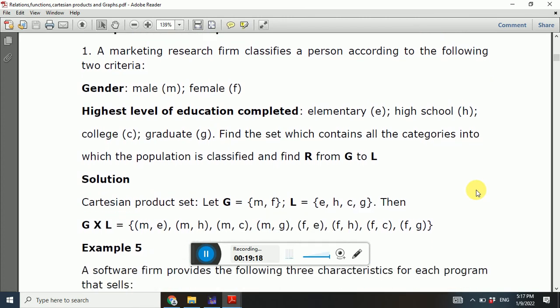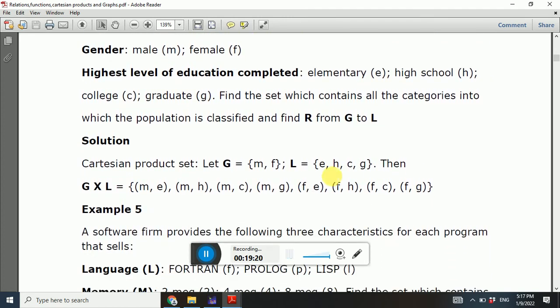So now we have these two sets, which we are calling G to be the set for gender, and then L to be the set for the levels of education with these elements. And they want you to compute the Cartesian product. As I said, the rule is get each element in the first set and pair it with each of the elements here.